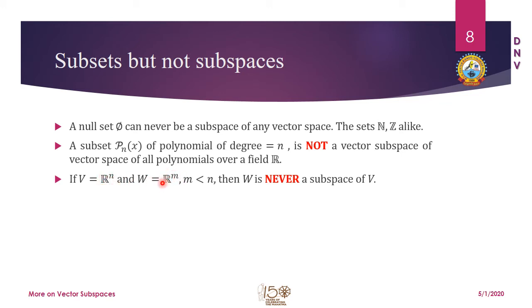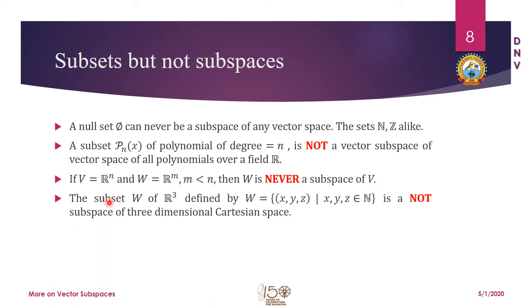Physically we may find that a two-dimensional plane is a part of three-dimensional space, but analytically or algebraically, Rn is the space of n tuples and the other is the space of m tuples, so these can never be subsets of each other. So it cannot be called a vector subspace of this space V, that is R power n.